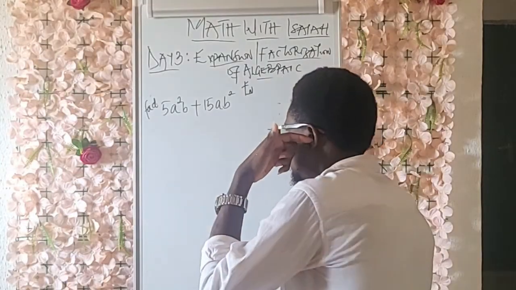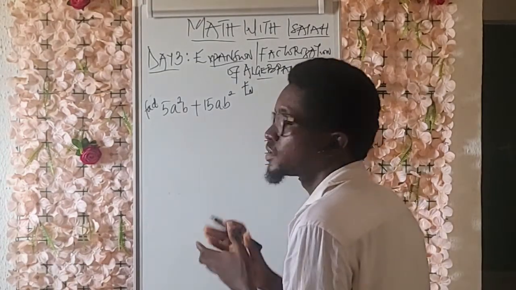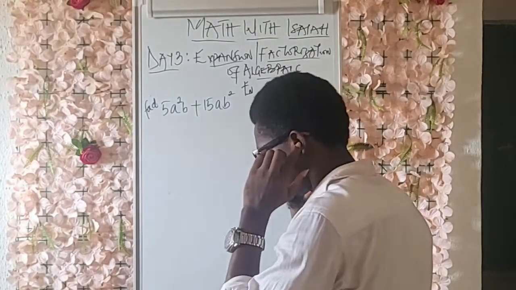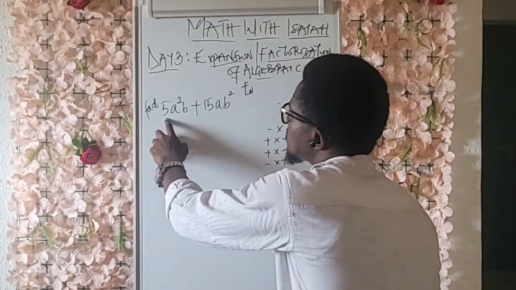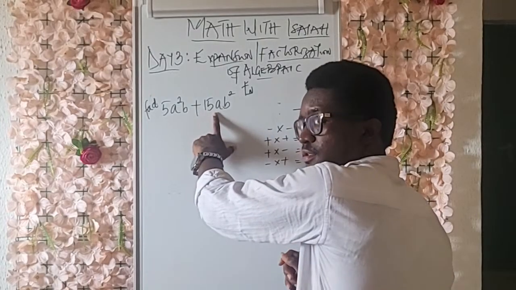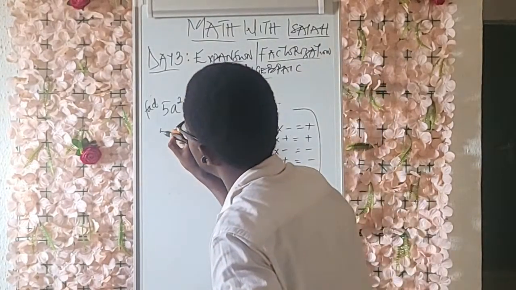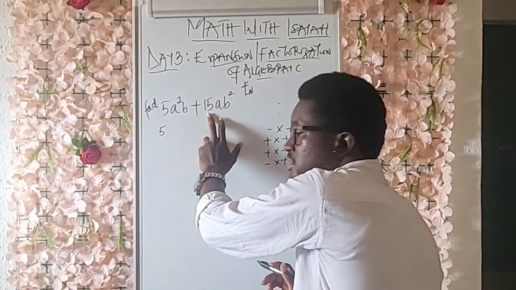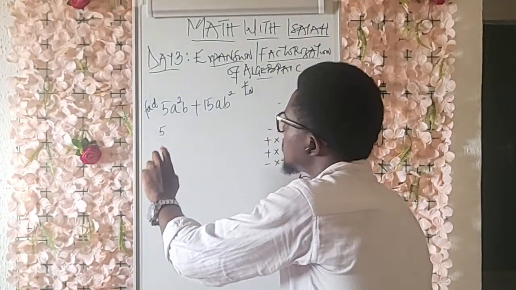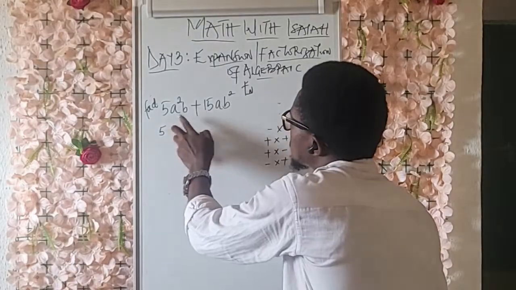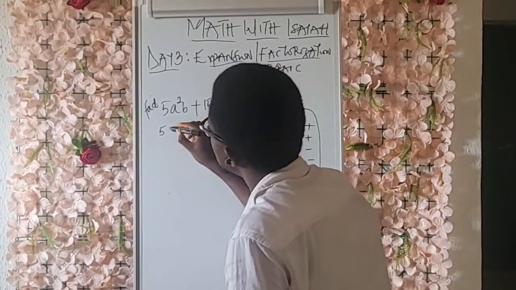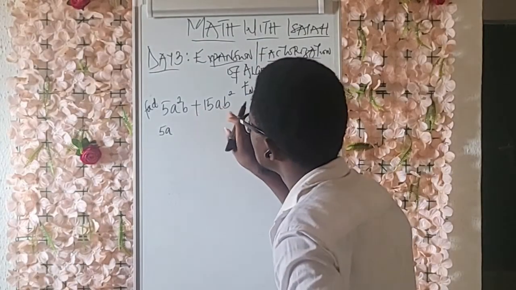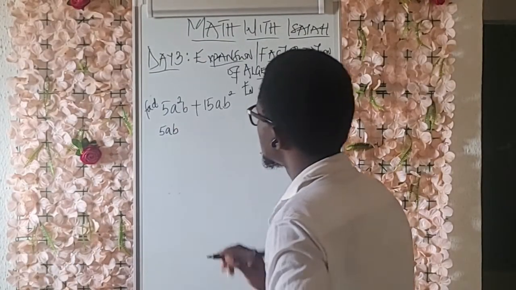Now, what's common? 5 is common. You take that out, 5. Because you see 5 in here 3 times. You see 5 in here once. Now looking at a. a is common. Is here once. Is here twice. Looking at b. b is common as well. You take b. Then you now open the bracket.